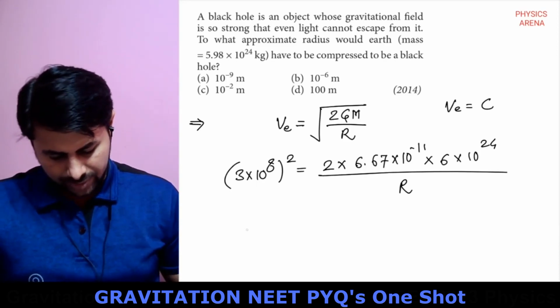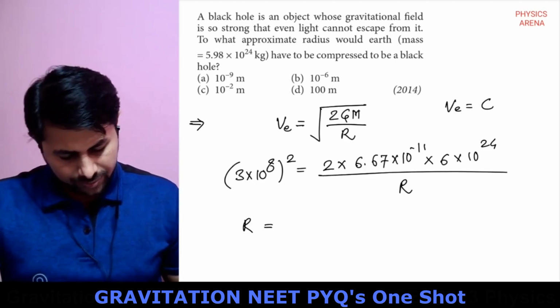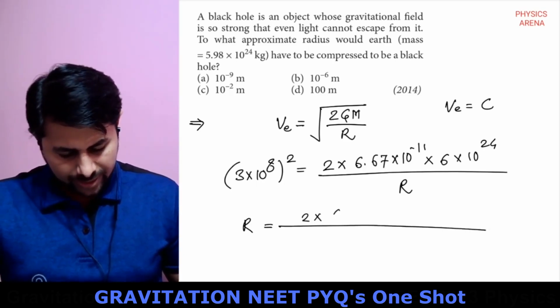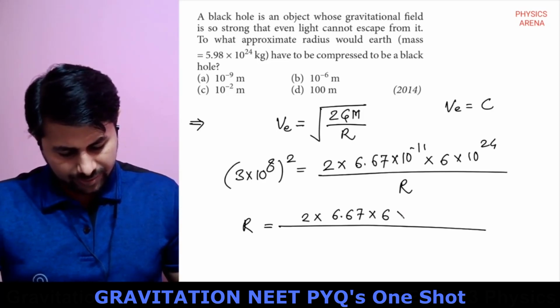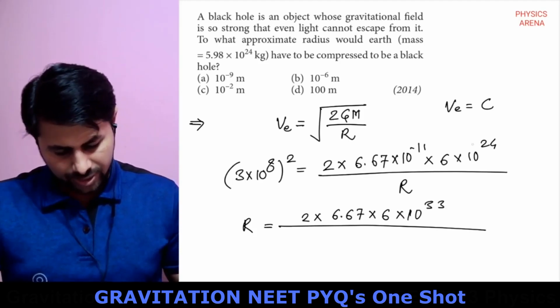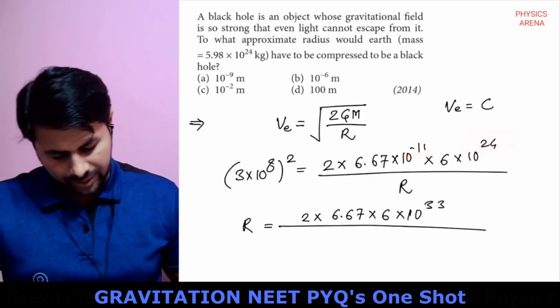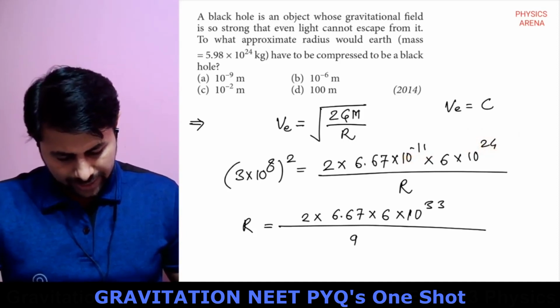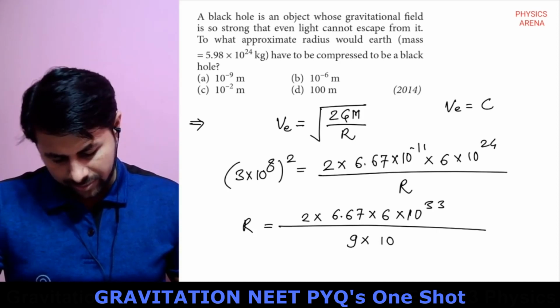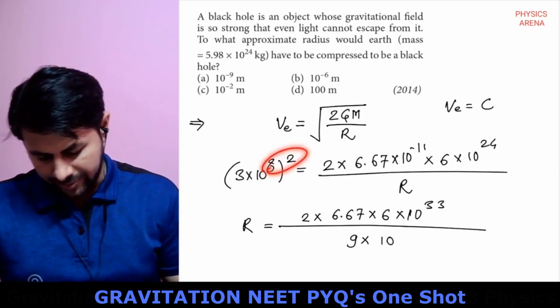So therefore R is equal to 2 multiplied by 6.67 multiplied by 6 multiplied by 10 raised to 33. Okay, 24 minus 11, 33, divided by 9 multiplied by 10 raised to, so 10 raised to how much? 8 square, 16.